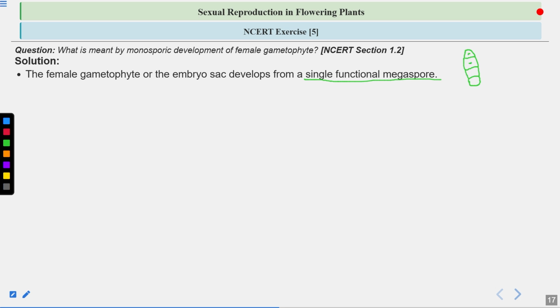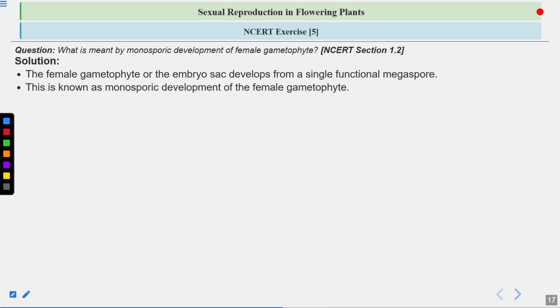Out of these, three degenerate and only one is functional. So 1 megaspore is functional, right? This is known as monosporic development because only 1 megaspore is involved in the formation of the embryo sac or the female gametophyte structure.